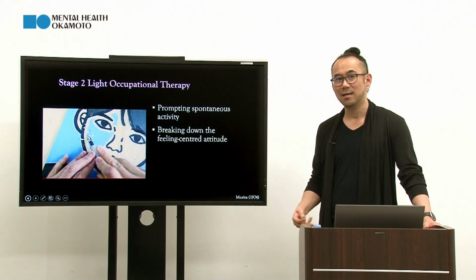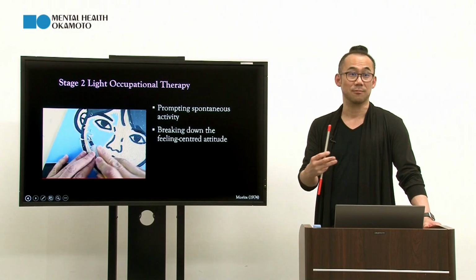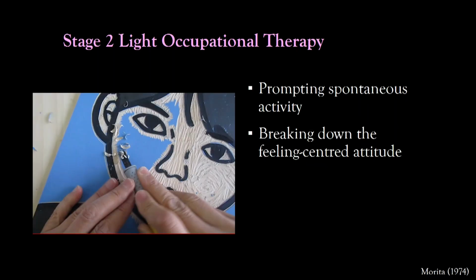And then we will channel that desire that is reactivated into gradual occupational work, not bringing them to a full-blown sport or heavy activity. We'll gradually channel this desire for life into stage 2.